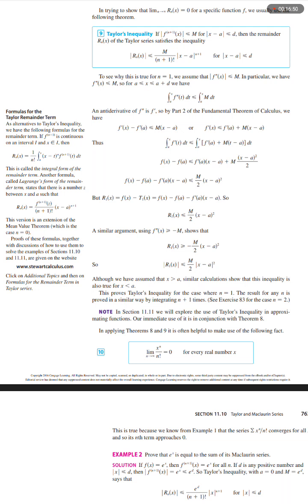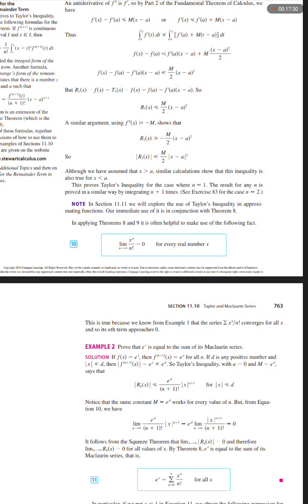In applying theorems 8 and 9, it is often helpful to make use of the following facts. The limit as n approaches infinity of x to the power n over n factorial equals 0 for every real number x. Again, formula 10, or theorem 10, states that the limit as n approaches infinity of x to the power n over n factorial equals 0 for every real x.